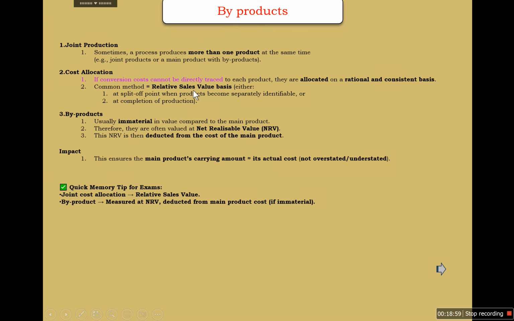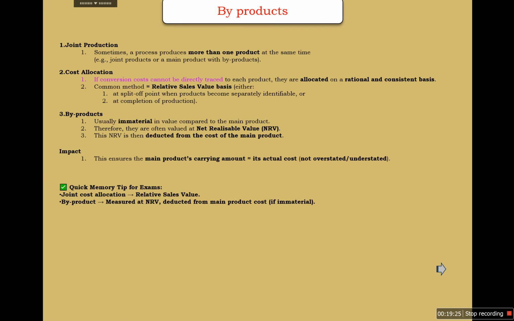So a common method may be at the split point when products become separate from the main product, or at the completion of the product. By-products are usually immaterial. Because they are not material, they are valued at NRV. And this NRV is deducted from the cost of the main product, because if we do not deduct, it will result in overstatement of the main inventory.